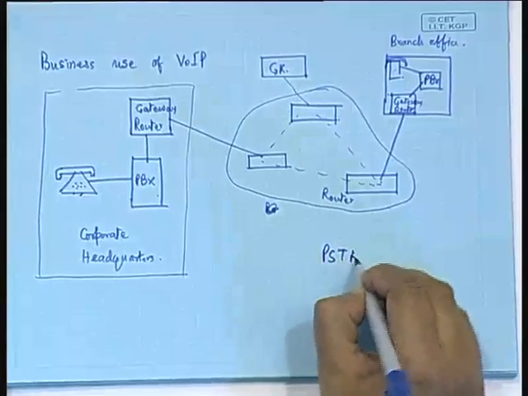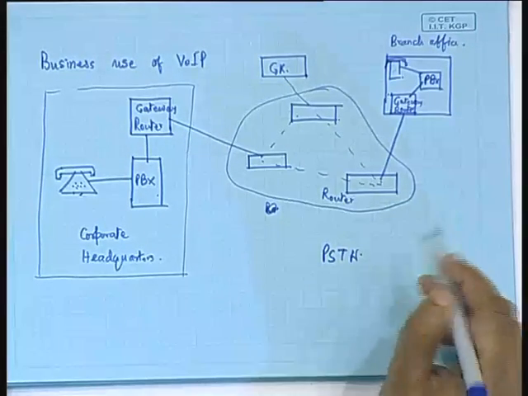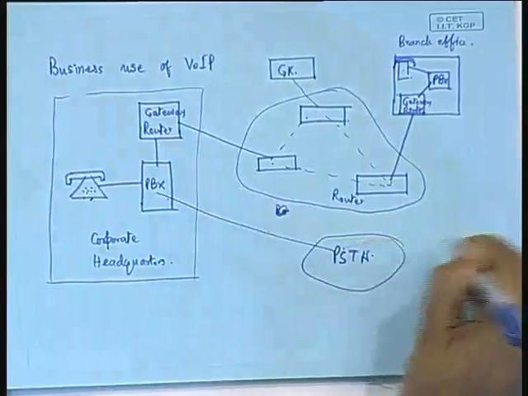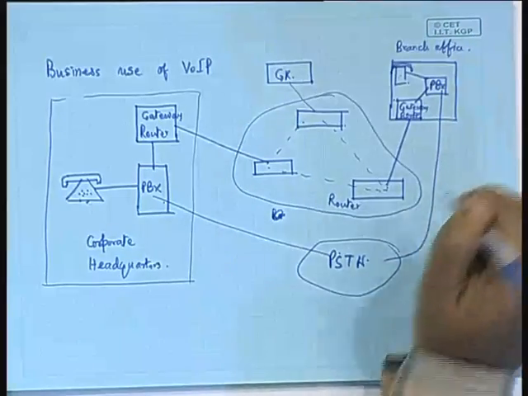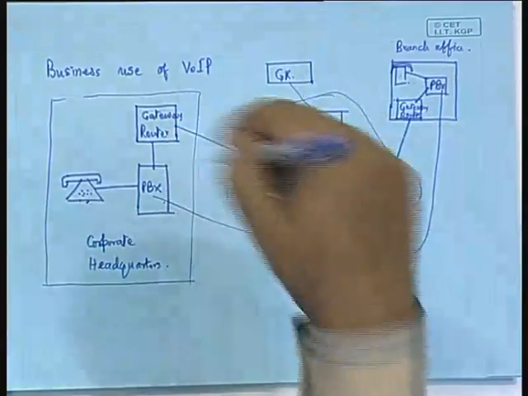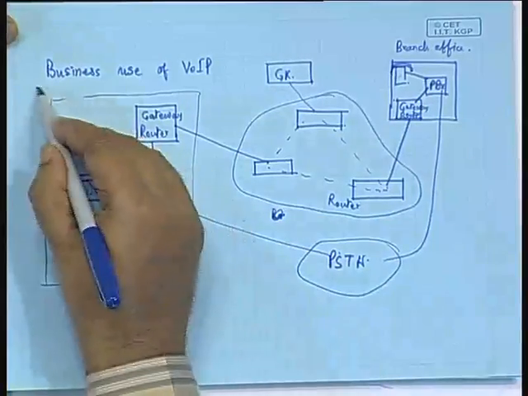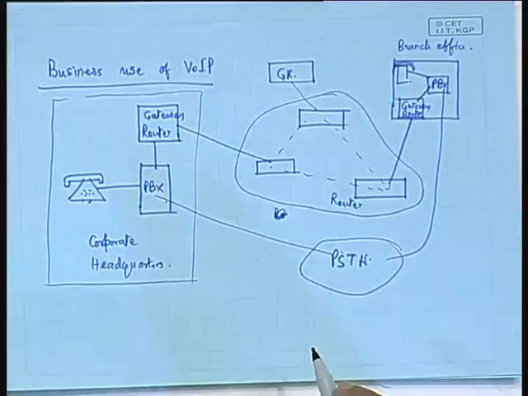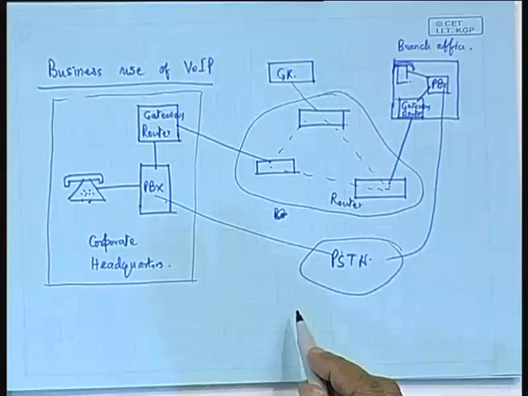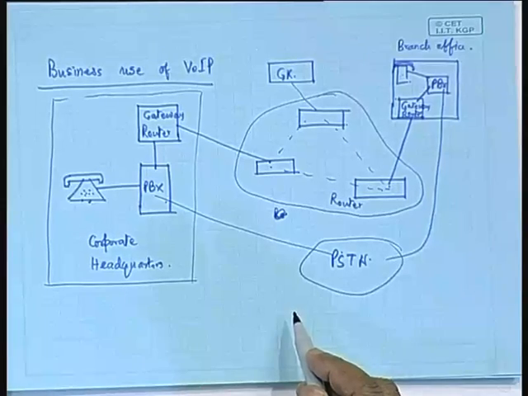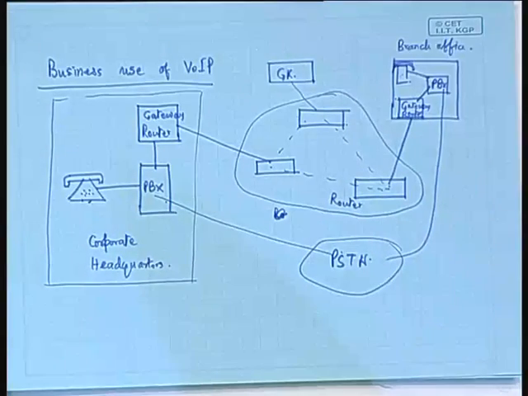PSTN is also parallelly existing, so you can link these PBXs through PSTNs, and then the call could be established the PBX way. So, this is one configuration where you are making use of the IP as well as the PSTN, based upon the congestion and the requirements. You can choose either of the two routes.